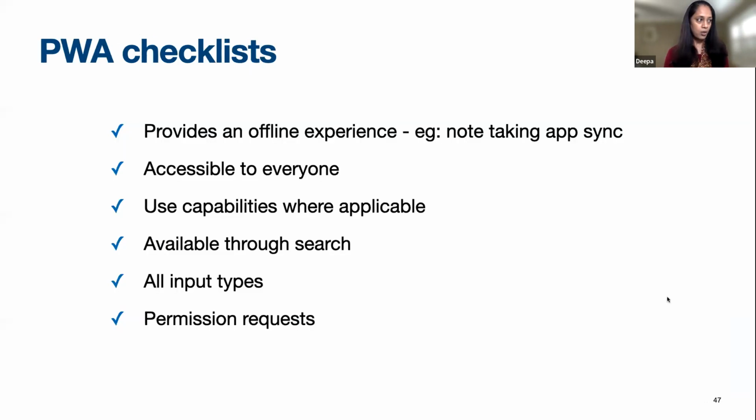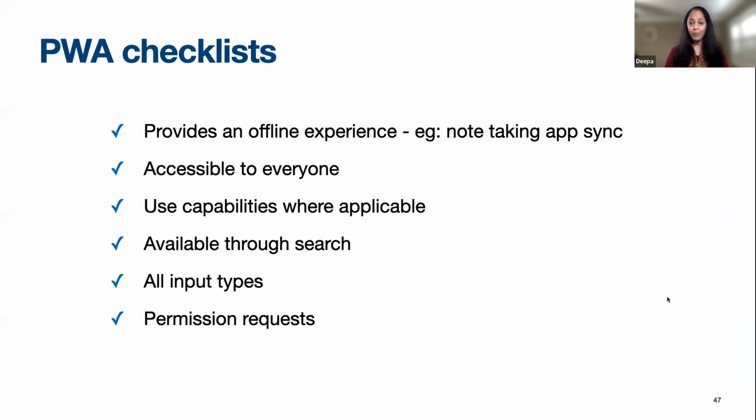Okay, cool. Now, just to give you the checklist for when you say that your website is a progressive web app, right? It should provide an offline experience, like I said before, and it should be accessible by everyone. It should support all the browsers, and it should be capable, reliable, and basically whatever Jobs said, conceptualize, it should be there in a progressive web app.